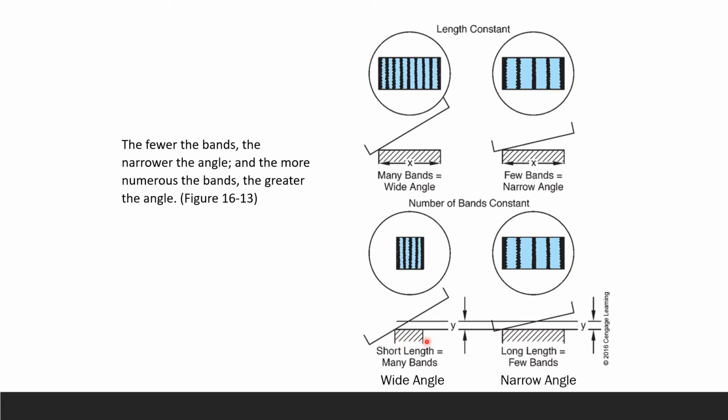So that's shorter, and then this is longer. Therefore, the shorter the length, you have a wide angle. The number of bands is the same. I think the author got it wrong here. And then your long length, the angle is a narrow angle. When the number of bands is constant, it's the same thing.